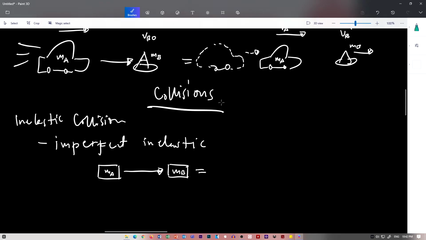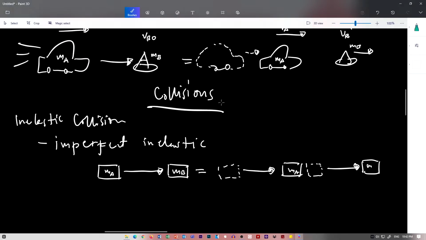So from this initial position, let's say this is originally your m sub a, it will collide with m sub b, right? And then m sub b, which is originally in this position, will be thrown away as well, usually in the same direction where m sub a is heading.